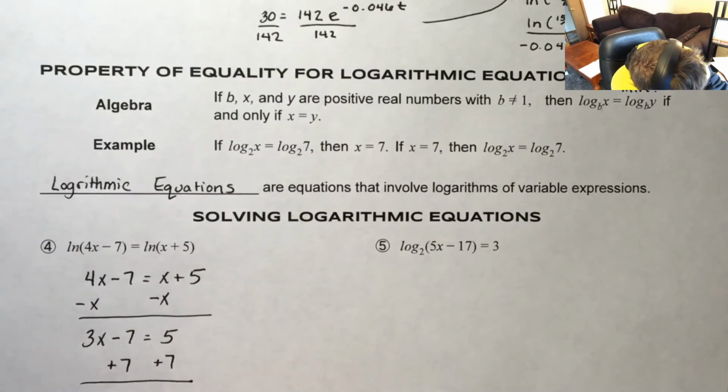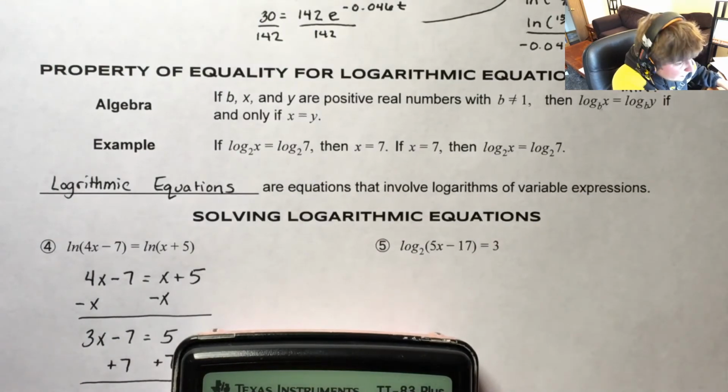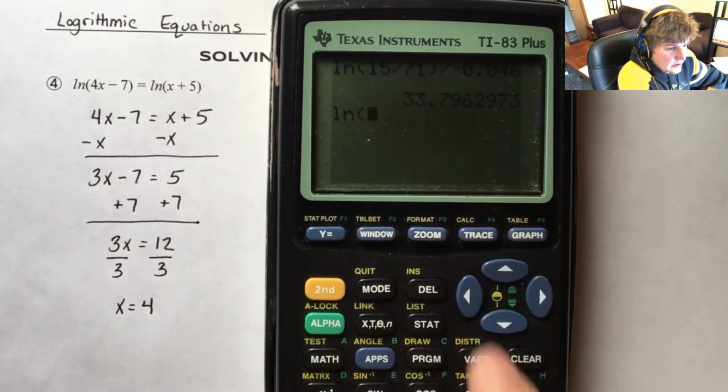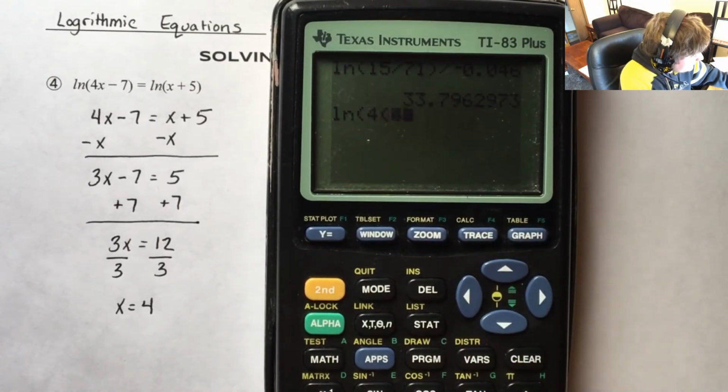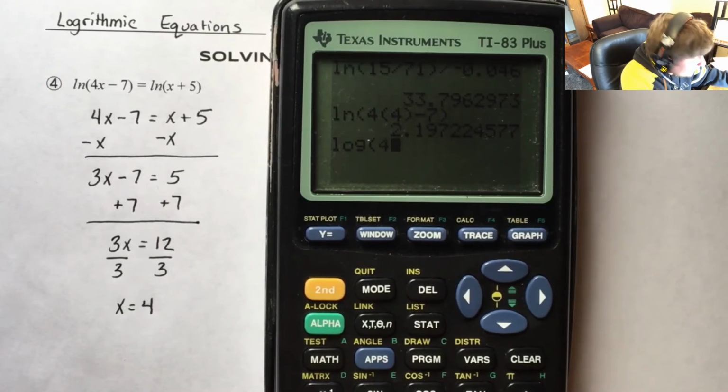And as always, you can go through and check your work here. So I know that the natural log, I'm sorry, folks. Okay, 4 times 4 minus 7 is like 2.197. And the natural log of 4 plus 5.